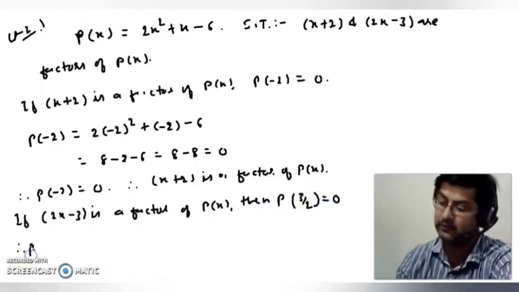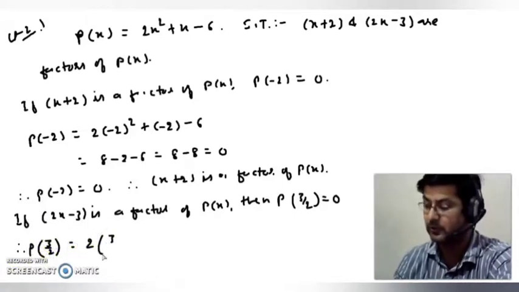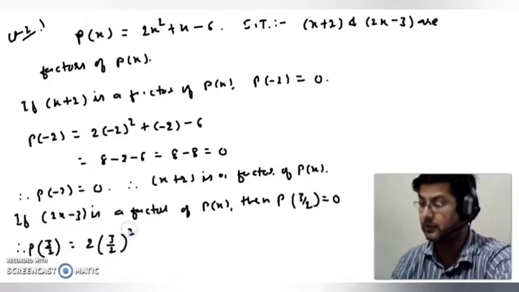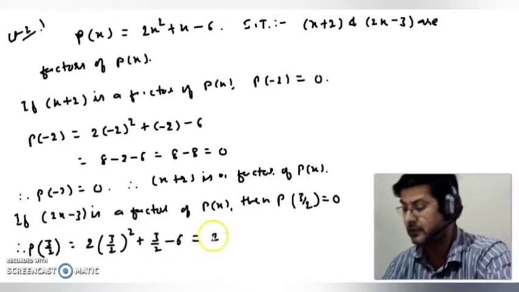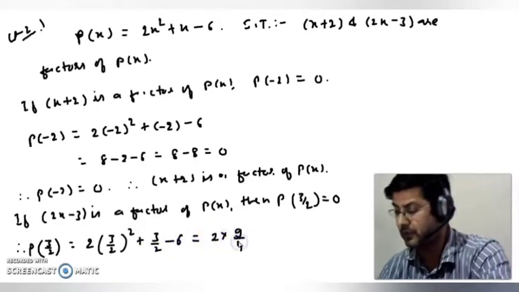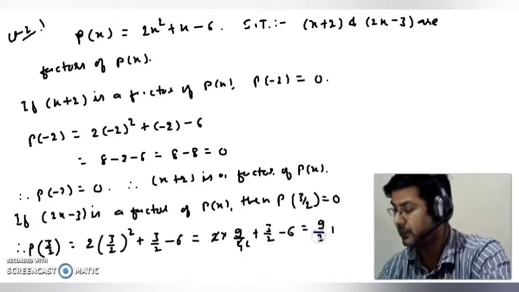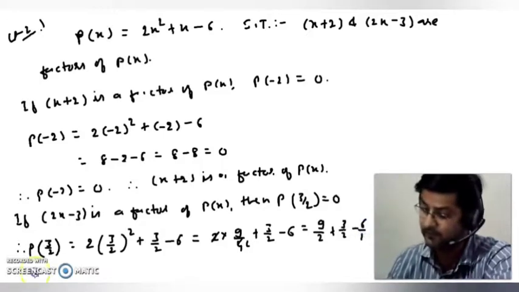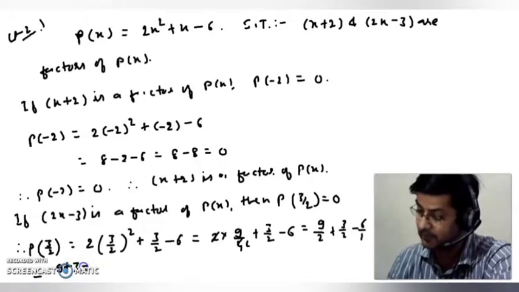Let us check whether P of 3 by 2 is equal to 0 or not. 2 into (3 by 2) the whole square plus 3 by 2 minus 6 is equal to 2 into 9 by 4 plus 3 by 2 minus 6, which is 9 by 2 plus 3 by 2 minus 6 by 1, which is equal to 9 plus 3 minus 12 by 2.